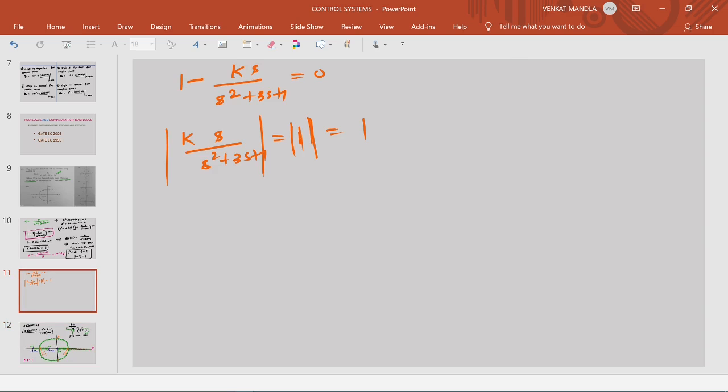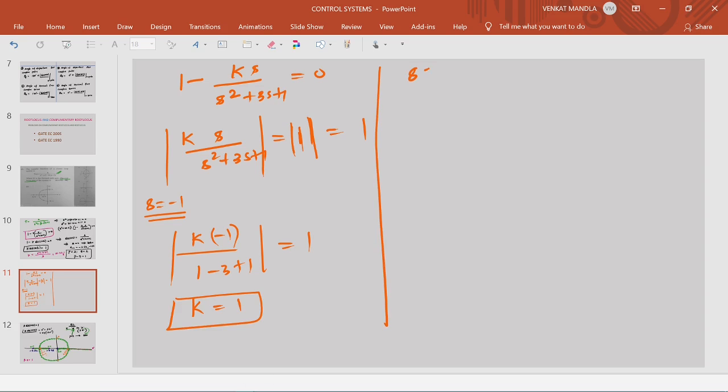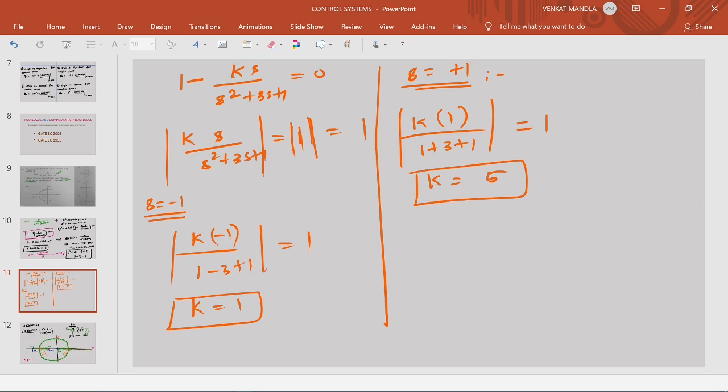At s equal to minus 1, k into minus 1 by (1 minus 3 plus 1) equal to 1, and you get k equal to 1. And at s equal to plus 1, k into 1 by (1 plus 3 plus 1), and k equal to 5.